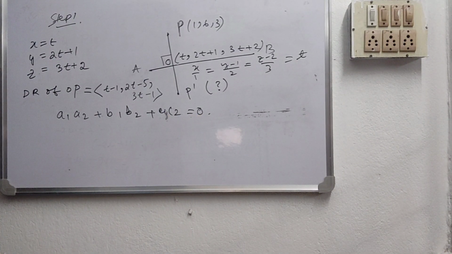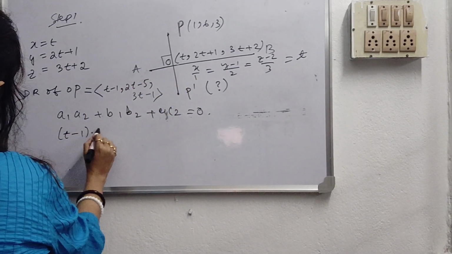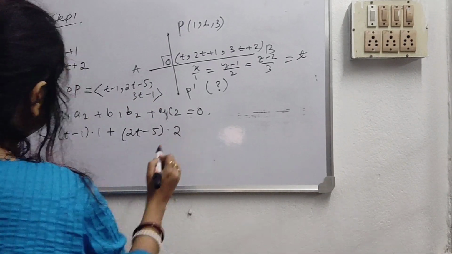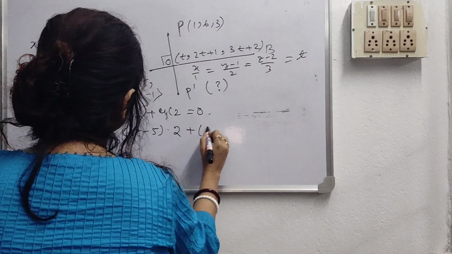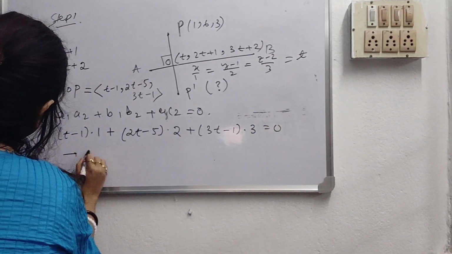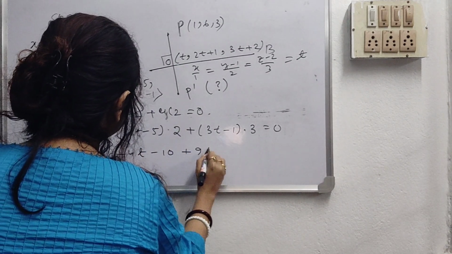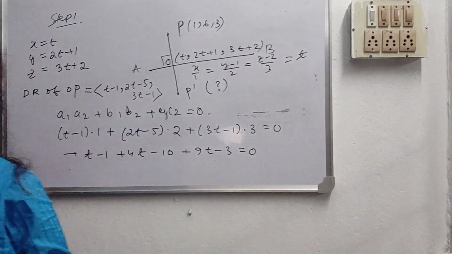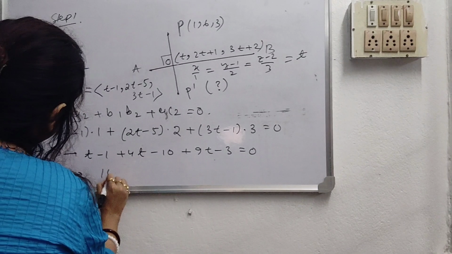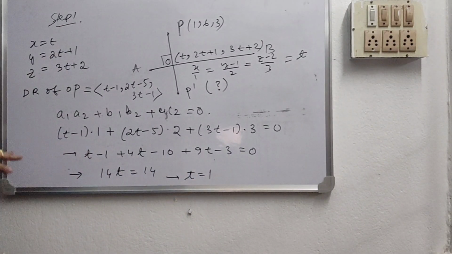Then what will happen? (t - 1) into 1, (2t - 5) into 2 plus (3t - 1) into 3 equal to 0. That is t - 1 + 4t - 10 + 9t - 3 = 0. Okay, so 14t = 14, that is t = 1.